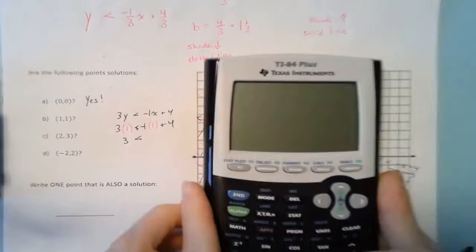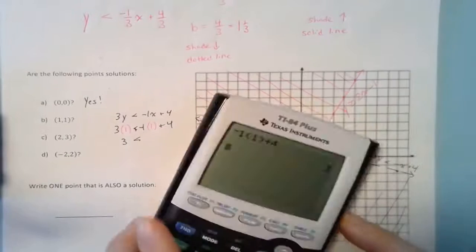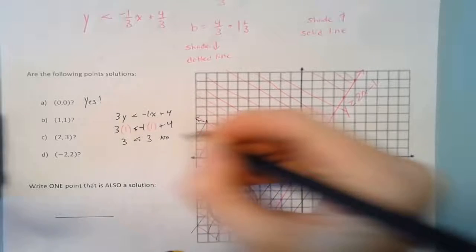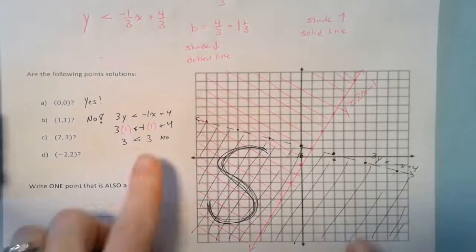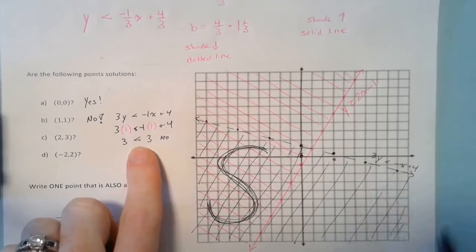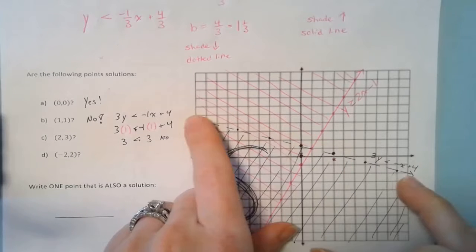Right side is negative 1 times 1 plus 4, and I get 3. But the problem is 3 is not less than 3. So this is not a solution. So I showed you both algebraically, but also graphically why the point 1, 1 is not a solution. It's not a solution because it's going to be on a dotted line, and dotted lines are not solid answers.